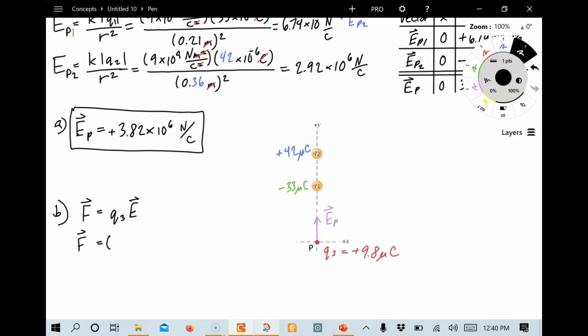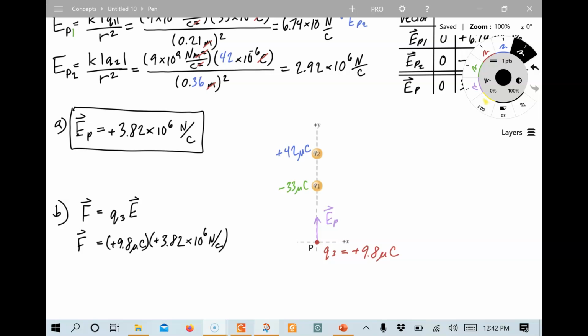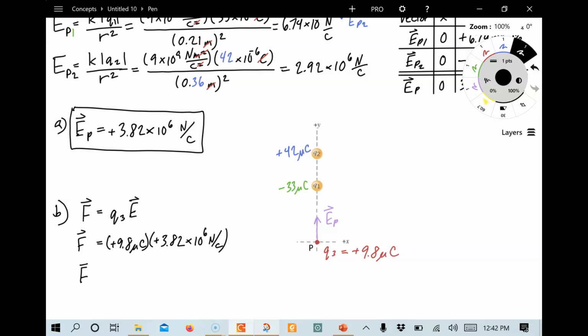So Q3 in this case is equal to plus 9.8 microcoulombs, and E is equal to plus 3.82 times 10 to the 6th newtons per coulomb. Putting this into the calculator gives us a force on charge Q3 equal to positive 37.4 newtons, where the positive sign means it points up towards the plus y axis.